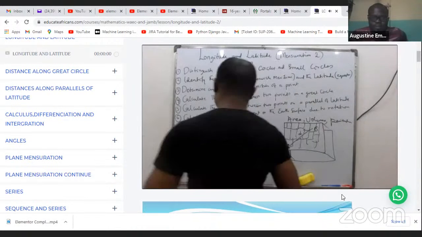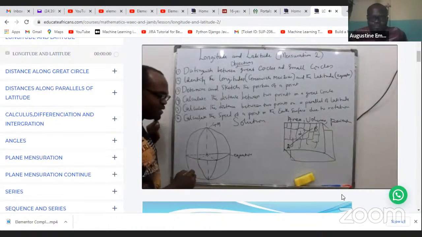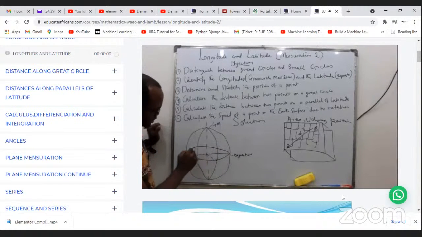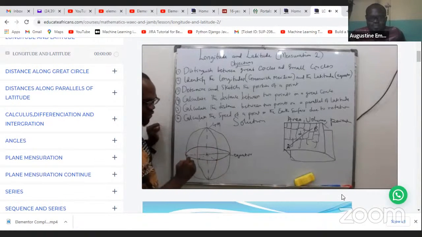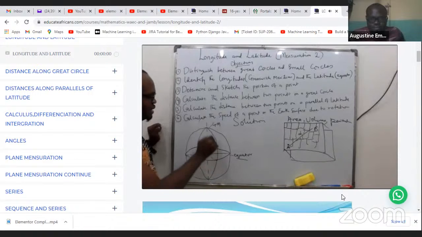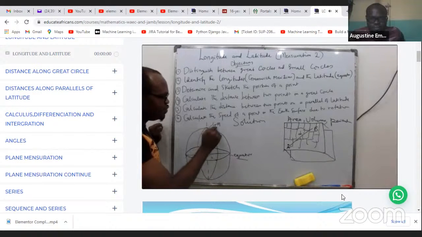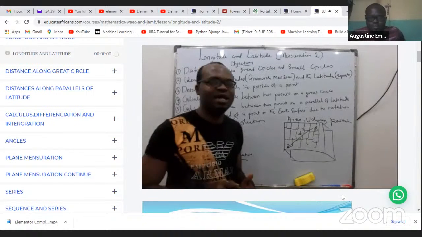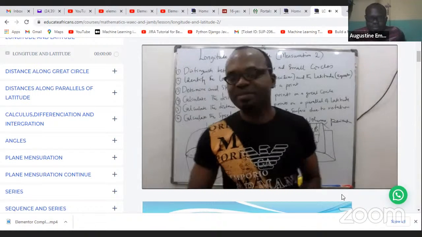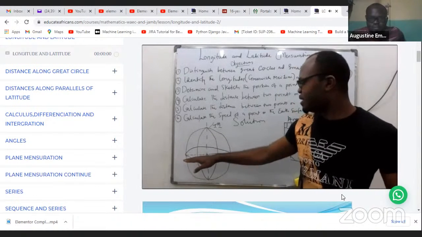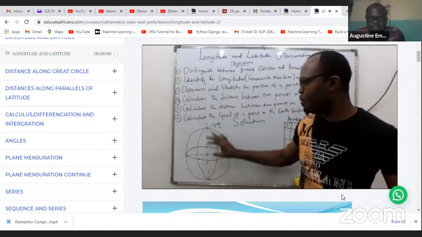So now when you look at the earth, that cycle at the middle of the earth is the horizontal cycle, the Equator, whereas the vertical cycle is known as the Greenwich Meridian. So these two are very important, and they are known as great circles, because if we cut the earth through these circles, you're going to find two equal parts.